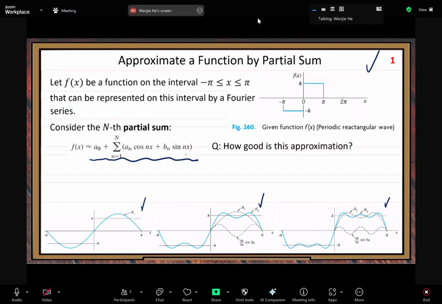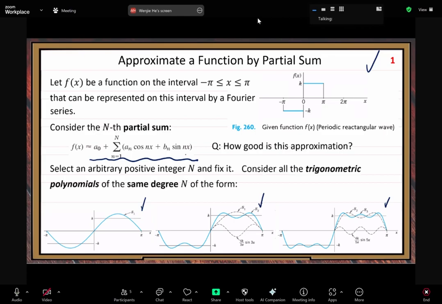First, let's draw the graph and get some understanding from this graph. Select an arbitrary positive integer n and fix it. So the right-hand side function is a fixed, nice function. Consider all the trigonometric polynomials. Here we use another concept, trigonometric polynomials.